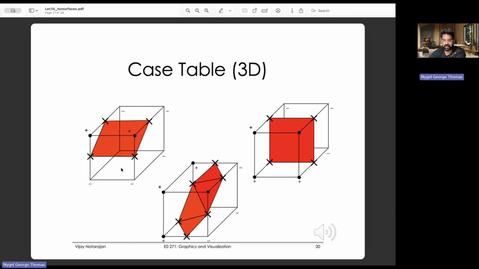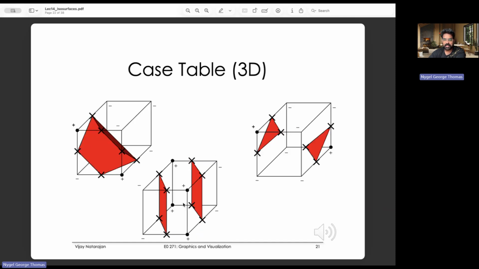Then we have four isopoints, and we get a quad. This quad can be divided into two triangles. Similarly, if you have six isopoints, we'll get something like a hexagon, and we can divide it into four triangles. So these are the multiple cases.